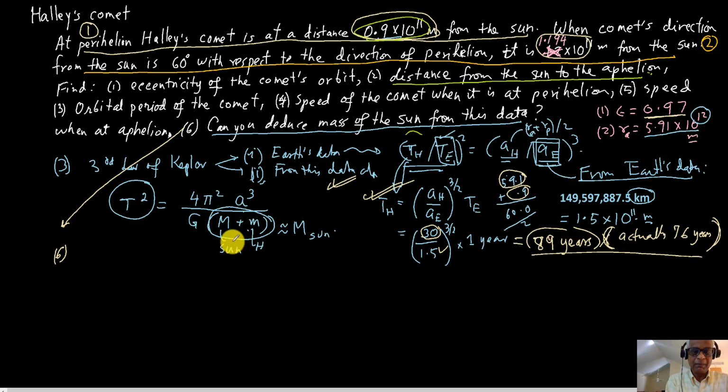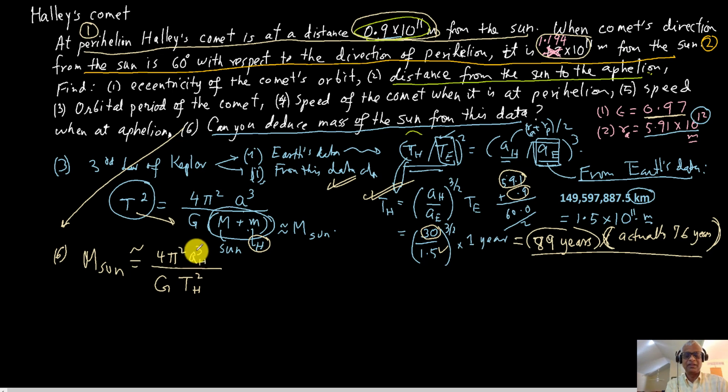So to get the mass of the sun will be just 4 pi squared A cubed over G, because I'm going to ignore Halley's Comet's mass compared to the mass of the sun, G times T squared of Halley's Comet, and this should be the mass of the sun.